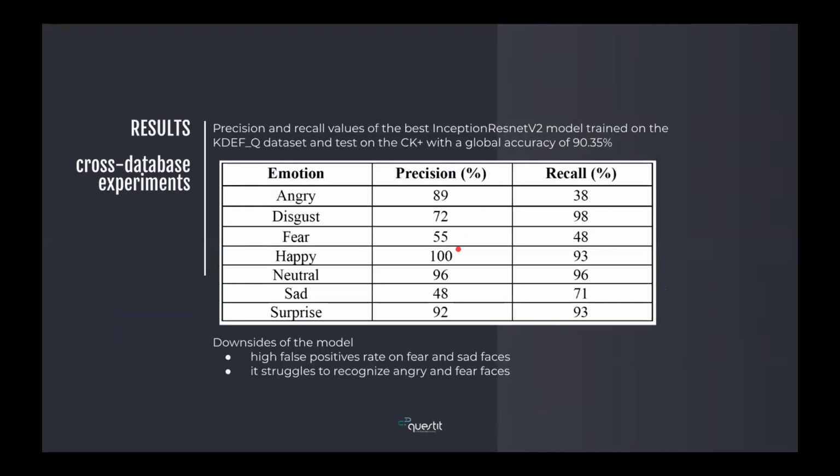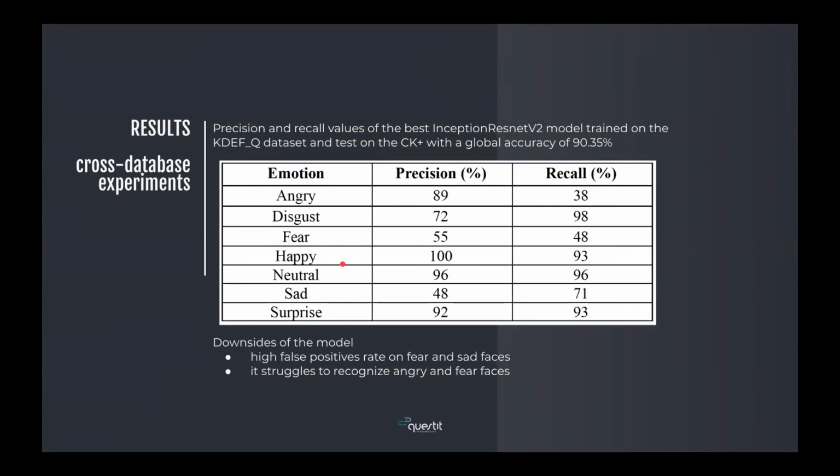In this table, I resume for the best model, Inception ResNet v2, trained on the KDFQ and tested on the CK+, that model that has a 90.35%, I show the precision and recall for each emotion category.